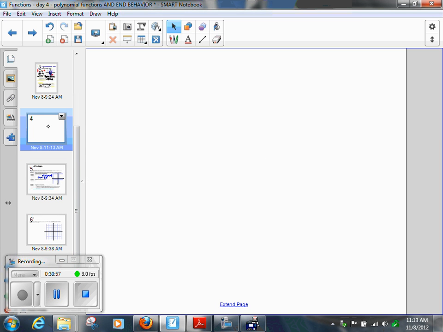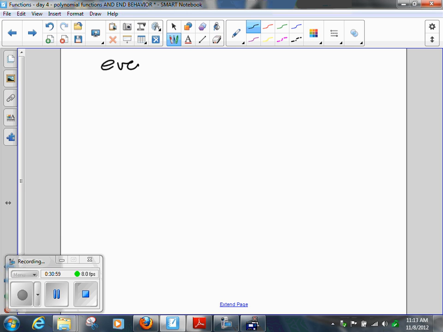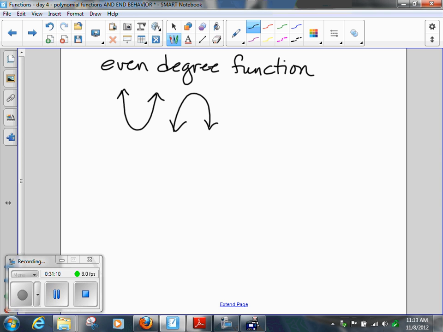If it's an even degree function, it's going to look like this, or this, or it's going to look like a W, or what other letter? An M. Or it could be a flat bottom parabola.